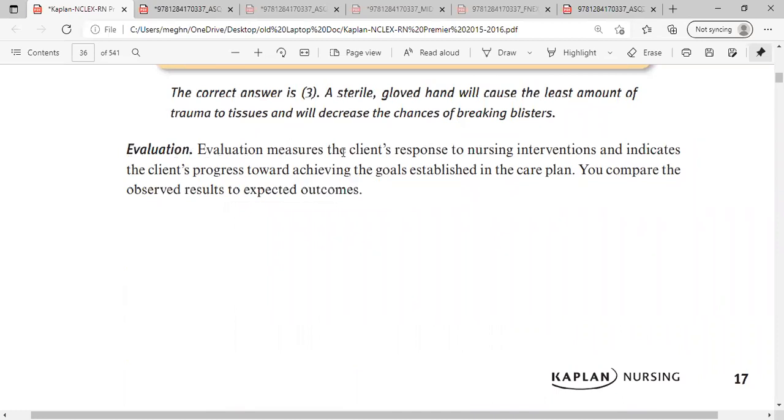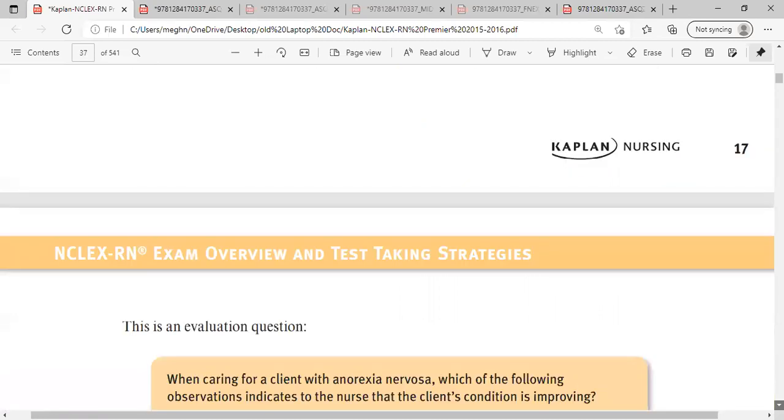Evaluation measures the client response to nursing intervention and indicates the client's progress towards achieving the goal established in the care plan. You compare the observed result to the expected outcome.